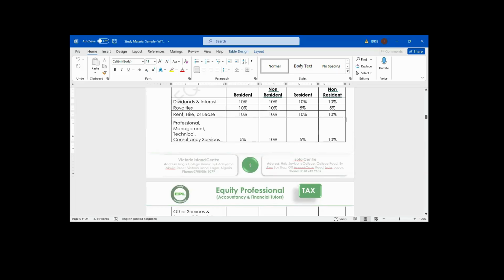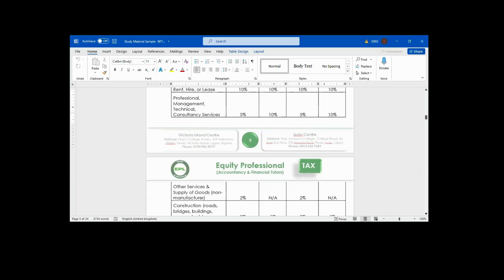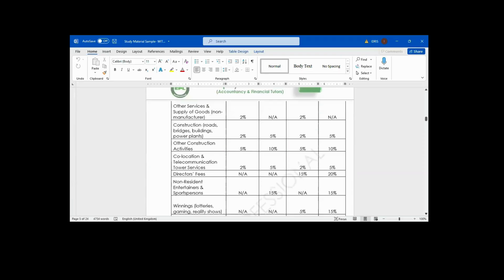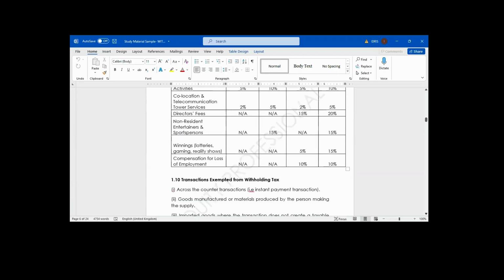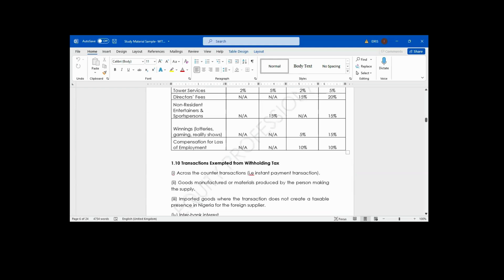If it is a resident individual, 5%. If it is a non-resident individual, 10%. This is the rate. I think in our exam, we may be given the withholding tax rate if need be. Or if there is no need, we need to know it offhand.